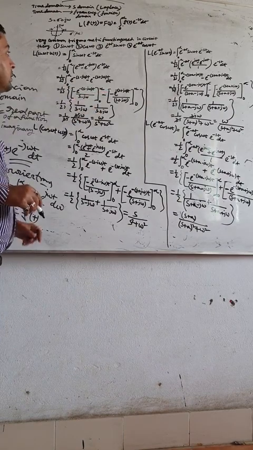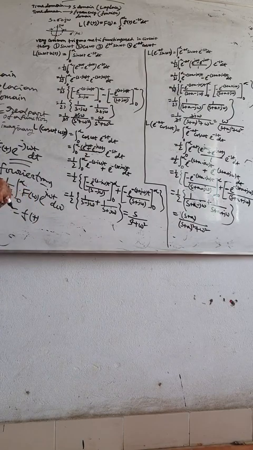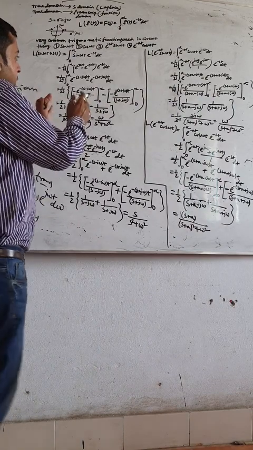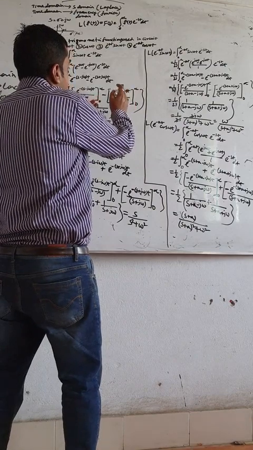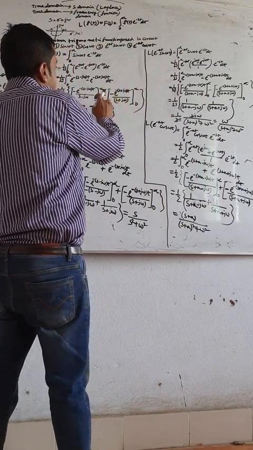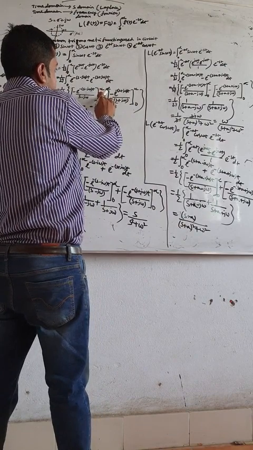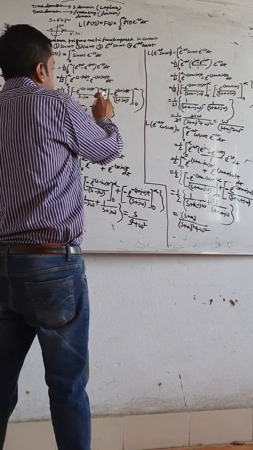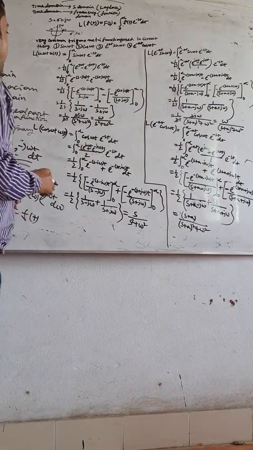Here also 0 minus, within bracket, minus 1 by s plus j omega. So minus becomes plus, and it will be 1 by s plus j omega.